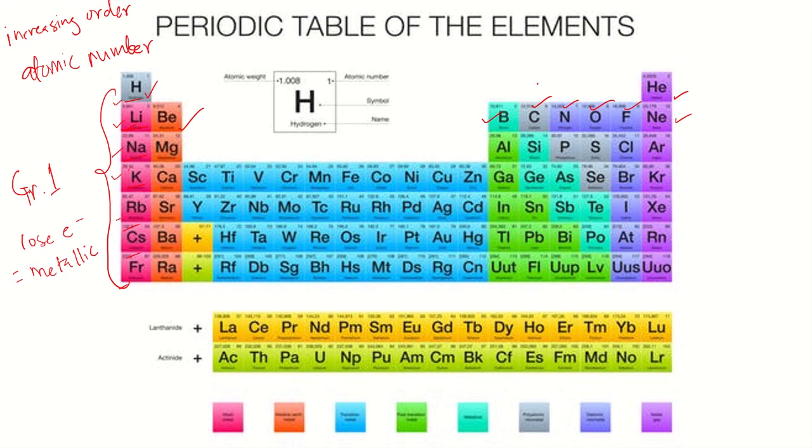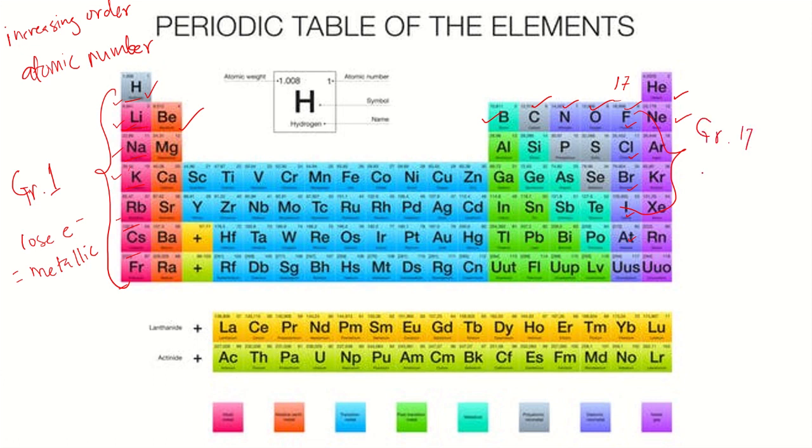And if we consider group number 17, the members of group number 17 are fluorine, chlorine, bromine, iodine, astatine. We also tend to observe similar properties shown by the members of group number 17.